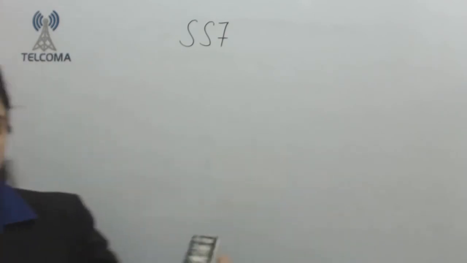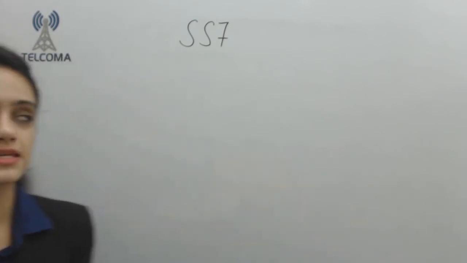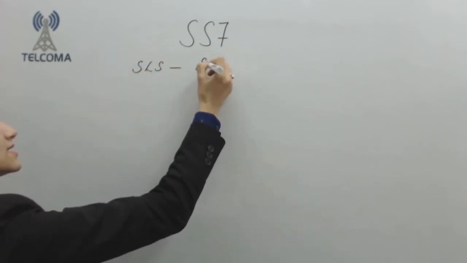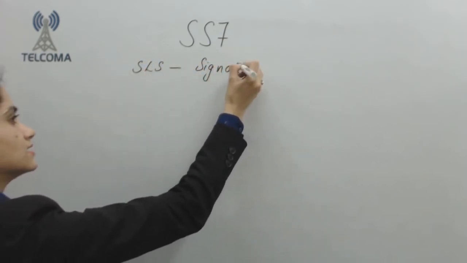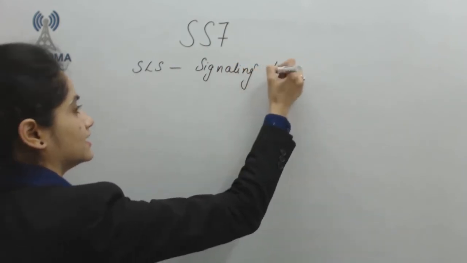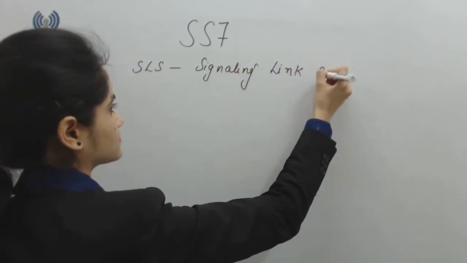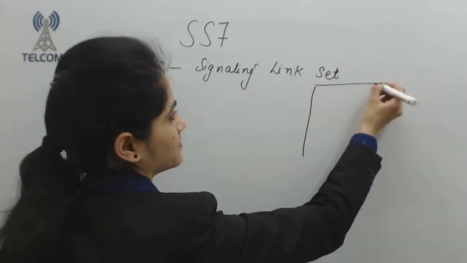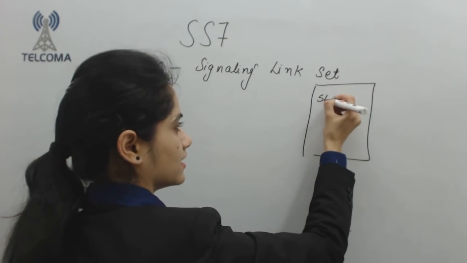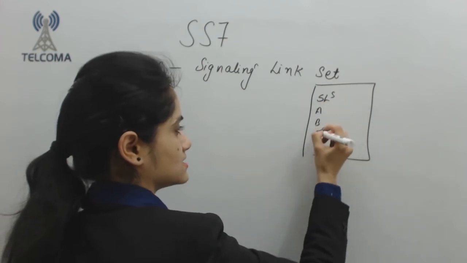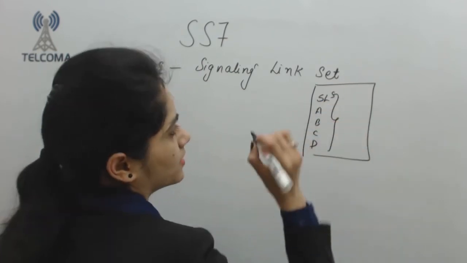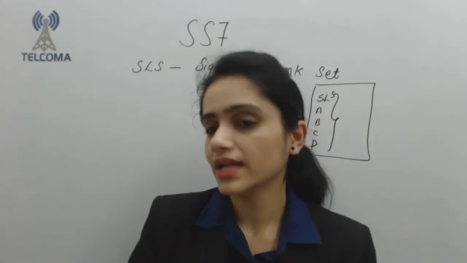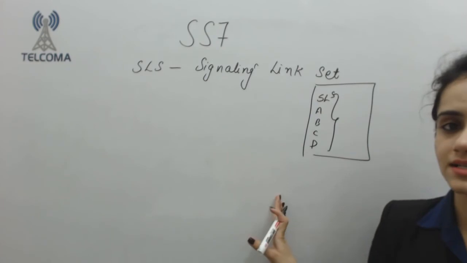Like we have SLS. This SLS is the signaling link set. It is a set of various signaling links such as B, C, D. So that will form a complete set of the various links together, and that's why it is named a signaling link set.